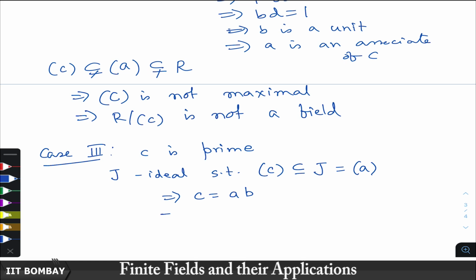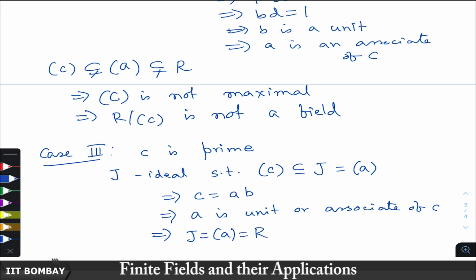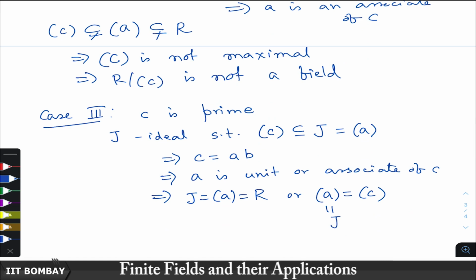Now, if C is a prime, it means that A will be either a unit or an associate of C. If A is a unit, it would mean that that ideal J is R. If it is an associate of C, it would mean that ideal is same as C. So, J is same as C. So, J is either R or C, it cannot be strictly in between.